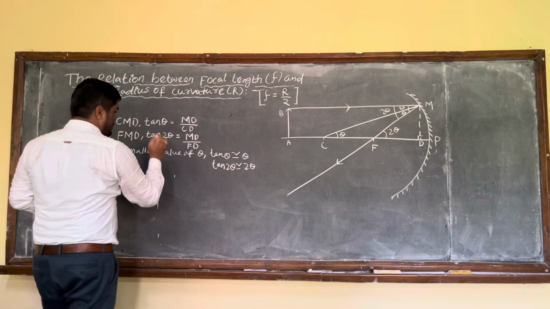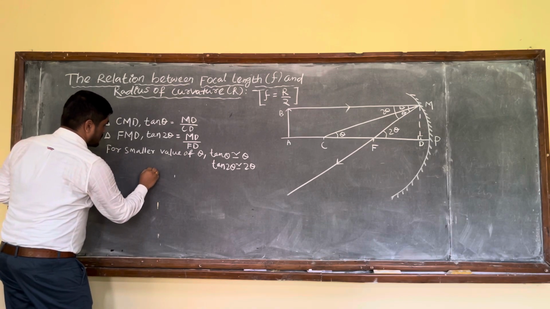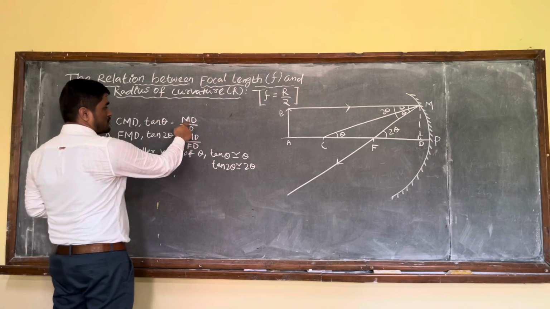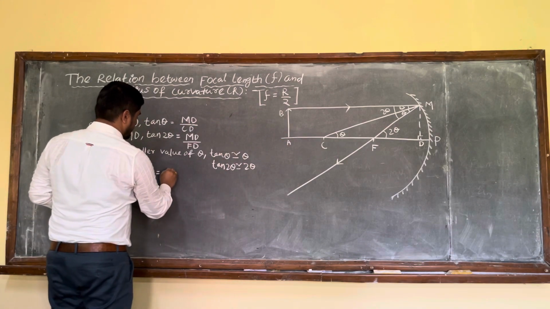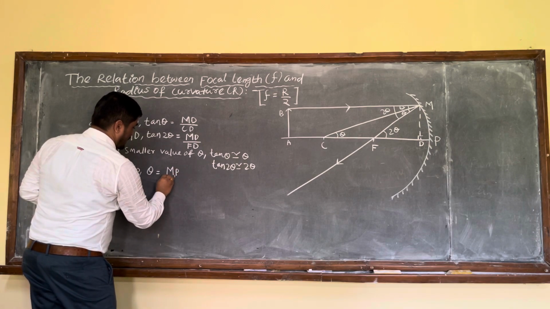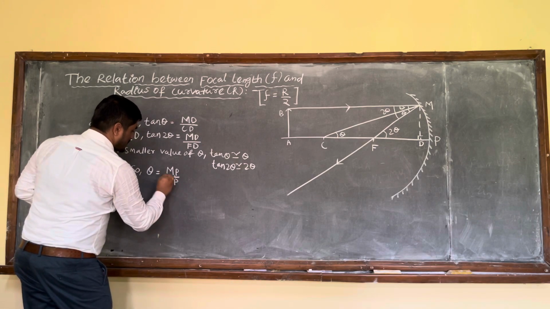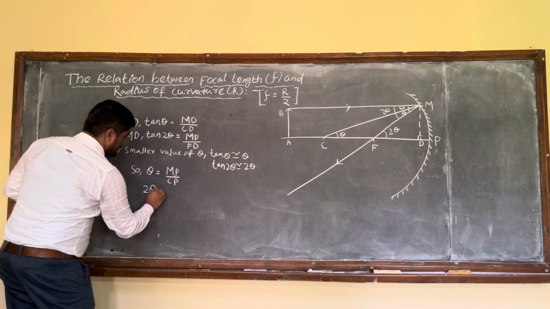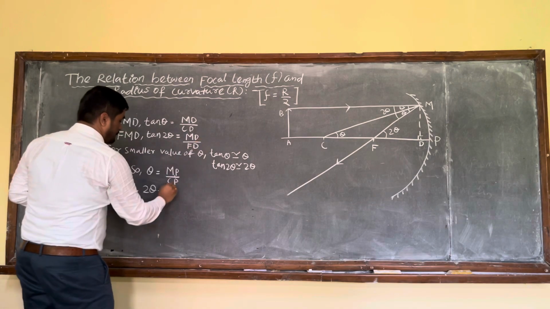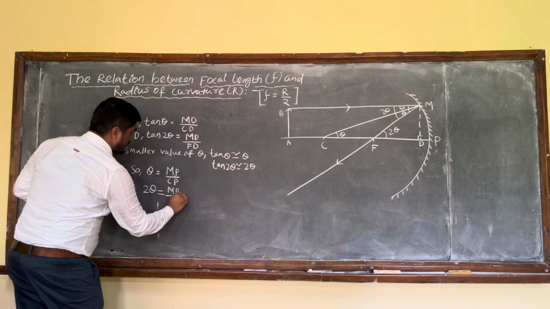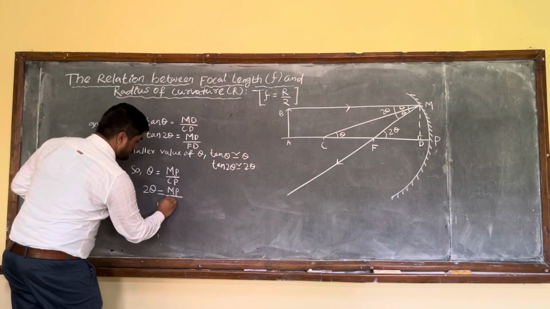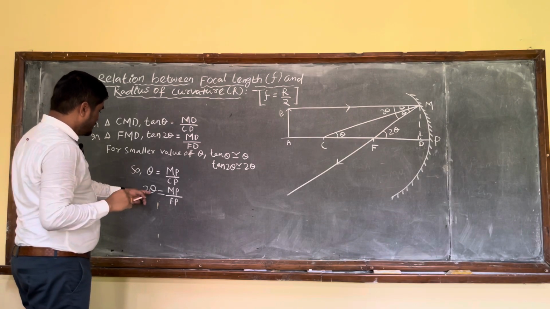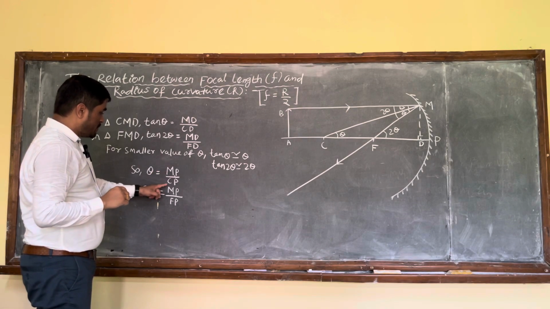So in place of tan theta, theta will be equal to MP divided by CP, and 2 theta will be equal to MP divided by FD, which is FP.